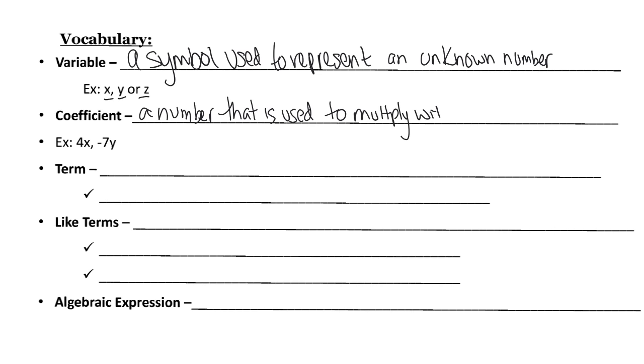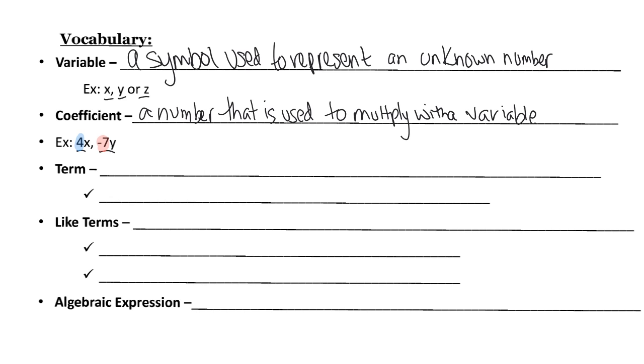An example of that would be 4x or negative 7y. The coefficient in 4x is 4, and the coefficient in negative 7y is negative 7. So it's really the number that comes before the variable.